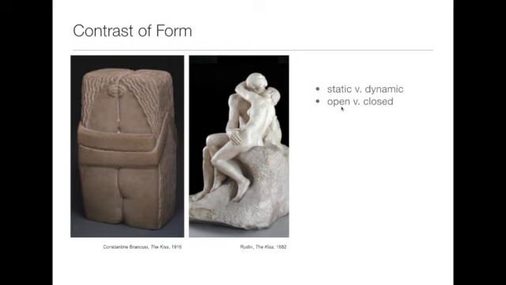It's so still, and it is very closed. There's a strong rigidity about it, whereas with Rodin's work, with the more representational, more realistic forms, we have this kind of dynamic energy. There's a little bit more passion involved. And by treating the form differently, we're able to create different sets of emotions in our work.